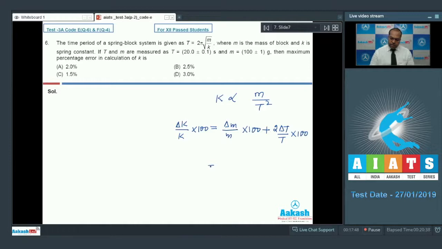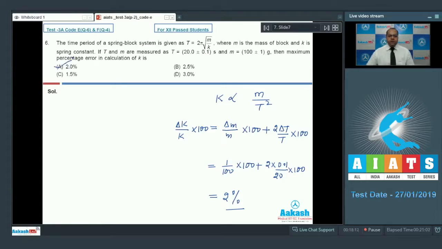Substituting the data, delta m is 1 by 100 into 100 plus 2 times delta T, which is 0.1 divided by 20 into 100. If I solve this, it comes out to be 2%. So the maximum percentage error in calculation of k is 2%, and option A is correct.